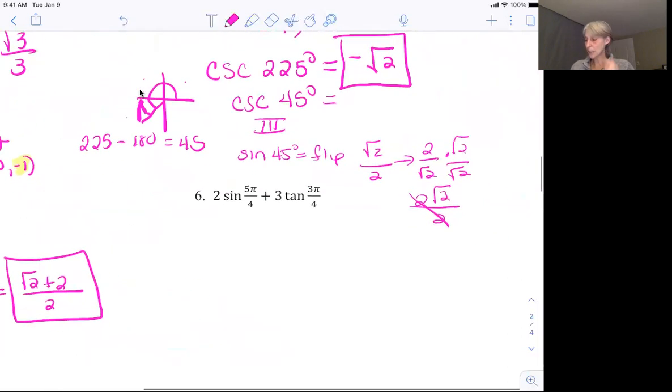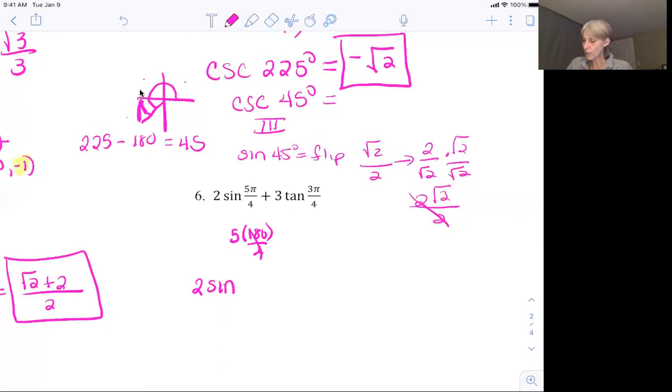Now we're going to get a tiny little bit more complicated here. Okay. So I see some multiple pieces. The first thing I want to concern myself with is converting this radian measure. So I have 5 times 180 divided by 4, 2 times the sine. 180 divided by 4 is 45. Notice how easy it is to do if you do it this way.